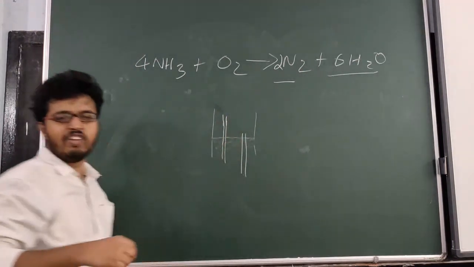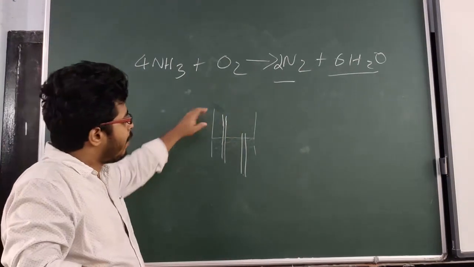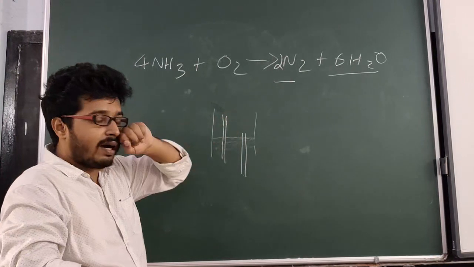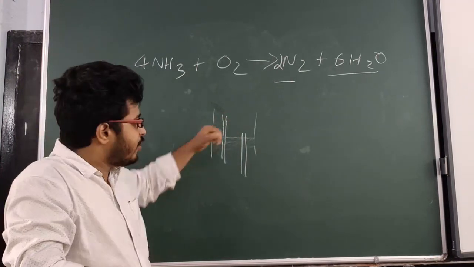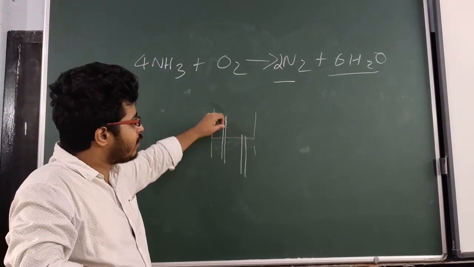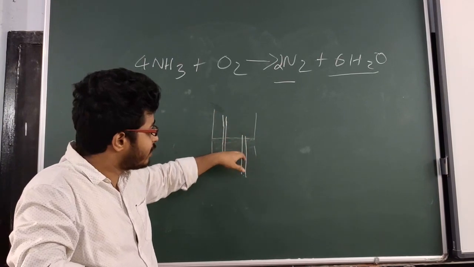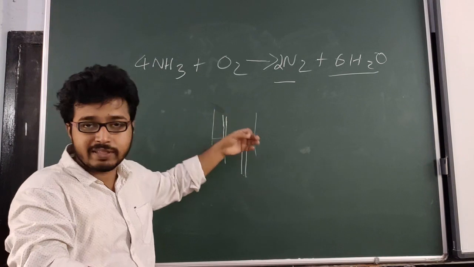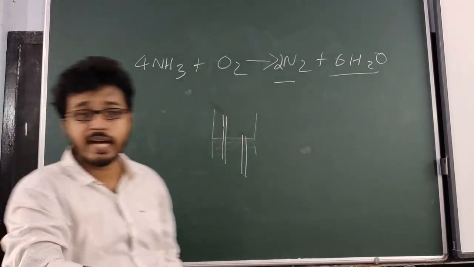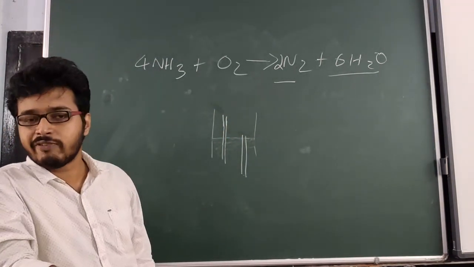The reason is we want the ammonia and oxygen to mix properly. If you are putting the oxygen tube at a lower level, then more oxygen will be able to mix along with the ammonia, which will make combustion faster.